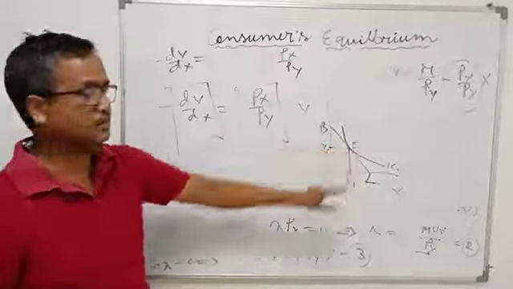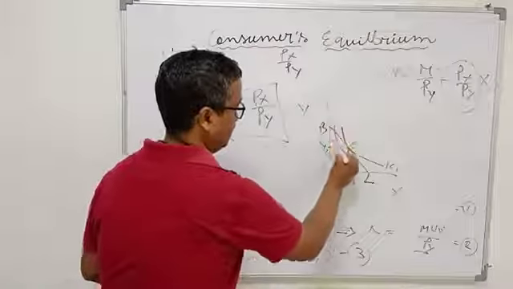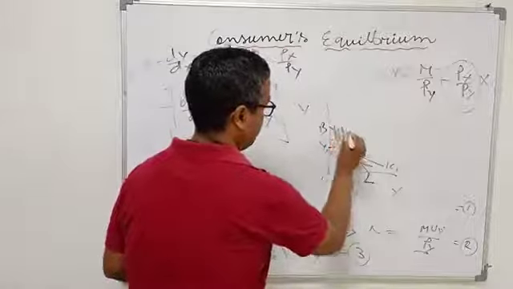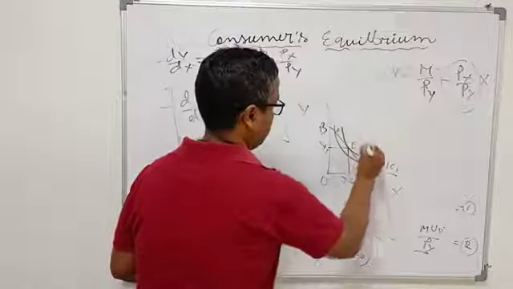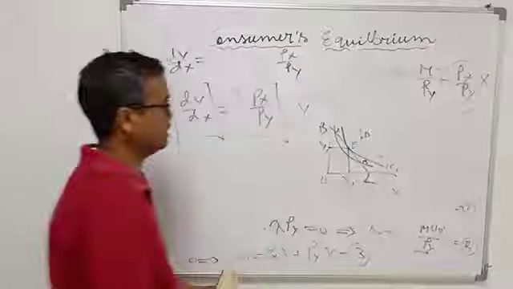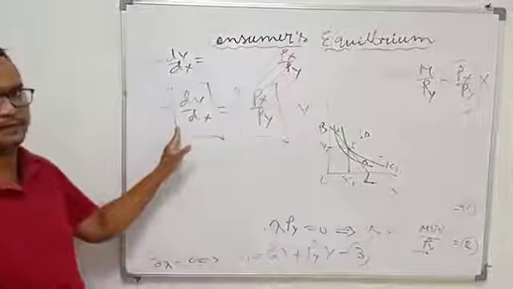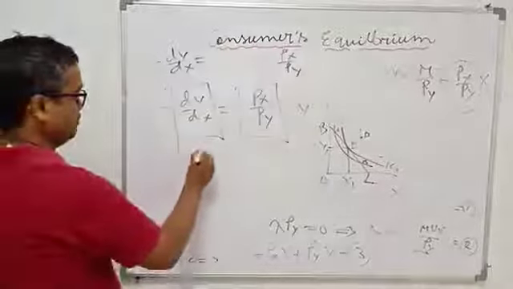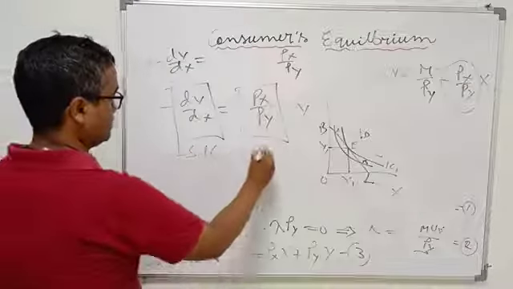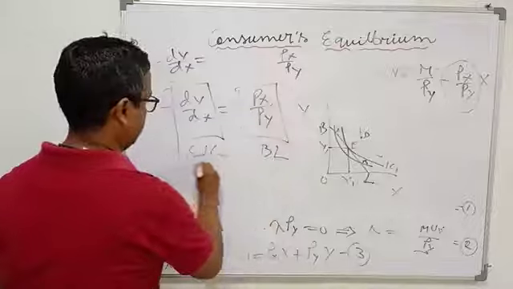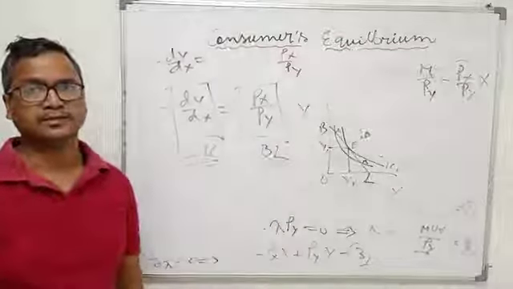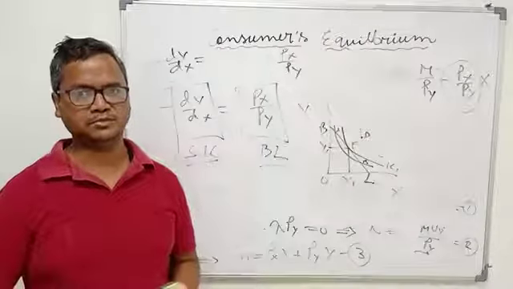At this point, point A, point B, you remember we derived this mathematically. That means this is the slope of your indifference curve, and this is the slope of the budget line. This is the condition. So this is the concept of consumer's equilibrium.